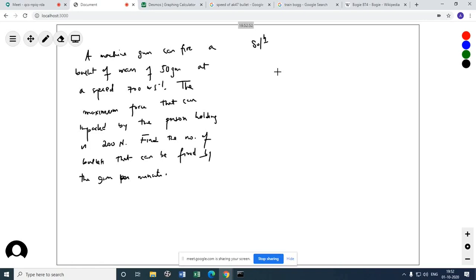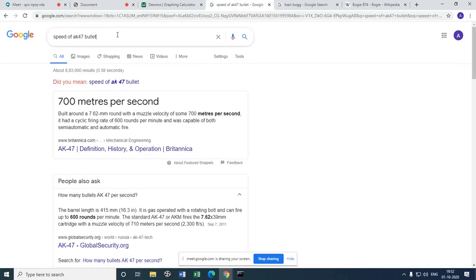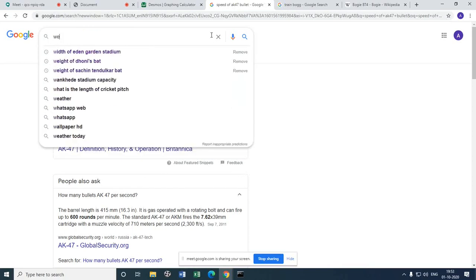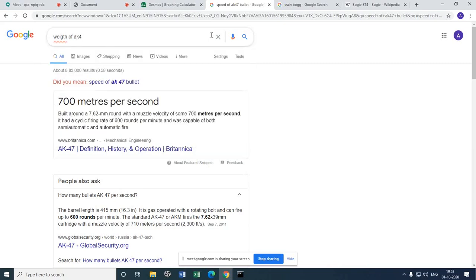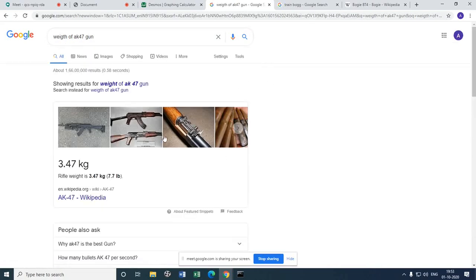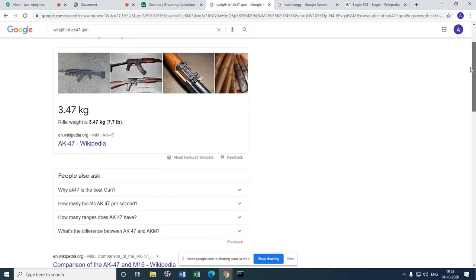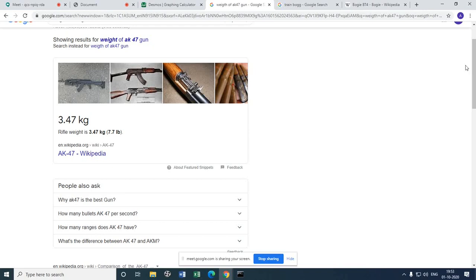I'll tell you the weight of the AK-47 gun. 3.4 kg, right? Let's say 4 kg. So 4 into 10 is how much? 40. Let's say 40 Newton is that one.